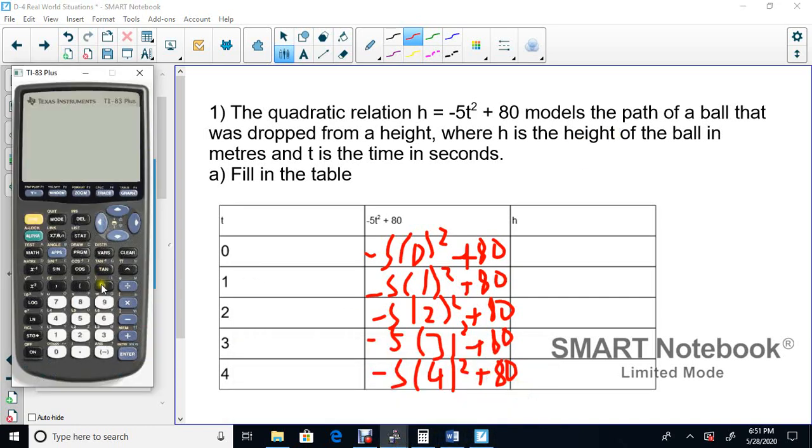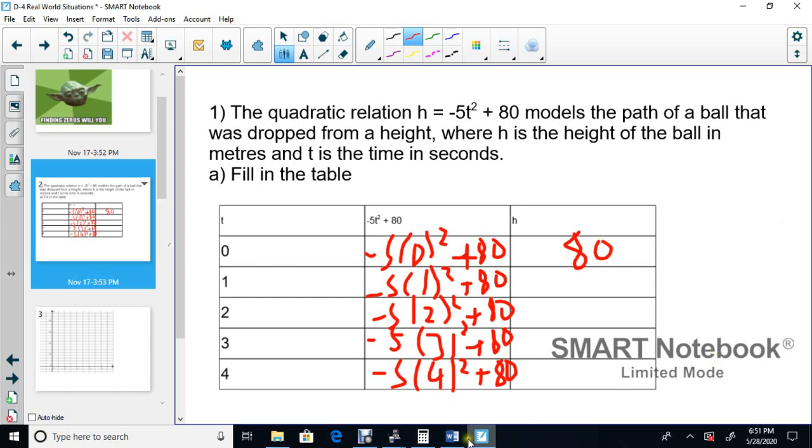So let's see, negative 5. We'll clear this. Negative 5 times 0 squared, not 1, 0 there, plus 80. Oh, the first one we're at 80.